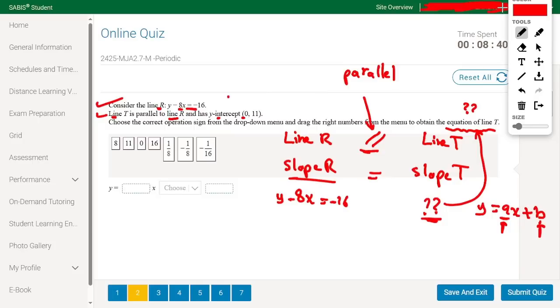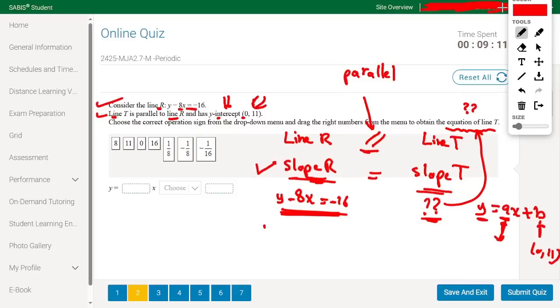So here the line T is passing through the point 0 and 11, and for the slope we know that the slope of T equals the slope of R. So if we get the slope of R, we can get the slope of T, and from the point which line T is passing, we can get b. So now let's get the slope of line R.